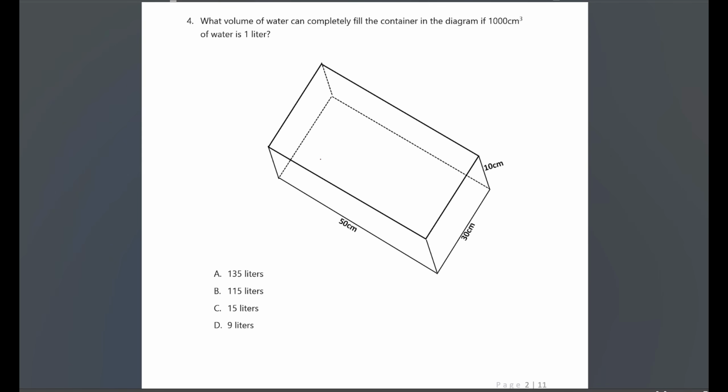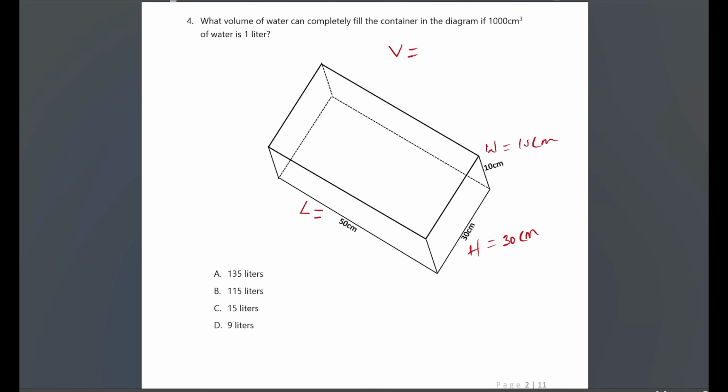You could see that in the container, they've given us the dimensions. So we have the length giving us 50 centimeters. We have the width giving us 10 centimeters. And then the height giving us 30 centimeters.